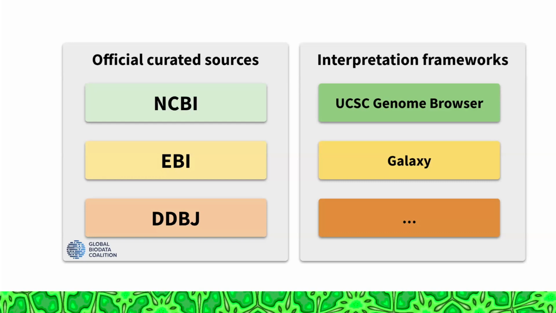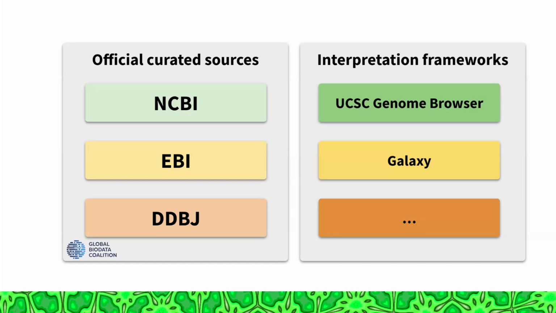This organization works in concert with the European counterpart, EBI, and with the Japanese counterpart, DDBJ, DNA Data Bank of Japan. These resources maintain, of course, literature. They maintain all sorts of data, ranging from genomic sequences to expression counts for different genes in different organisms.